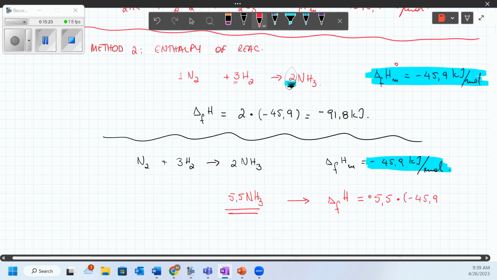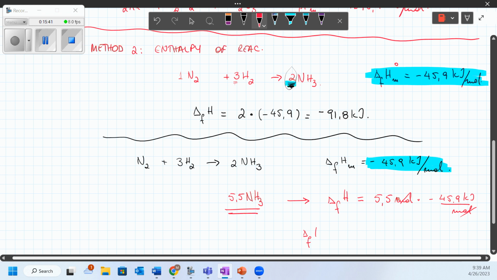And this works, even in stoichiometry, because we have moles here. So we have 5.5 moles times negative 45.9 kilojoules per mole. So moles and moles cancel out.